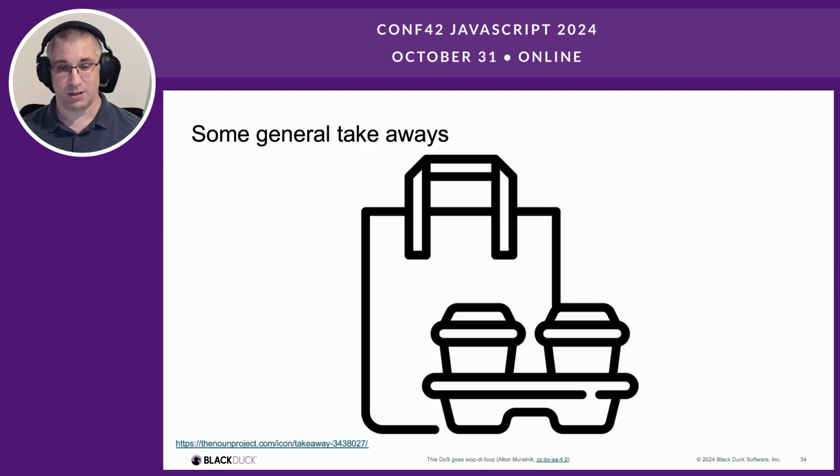How do we defend against DoS attacks? There's a couple of really simple takeaways to remember. First of all, if we already are thinking about security, we do not allow user inputs or tainted inputs to places where they have no business to be. If we do, we sanitize them.